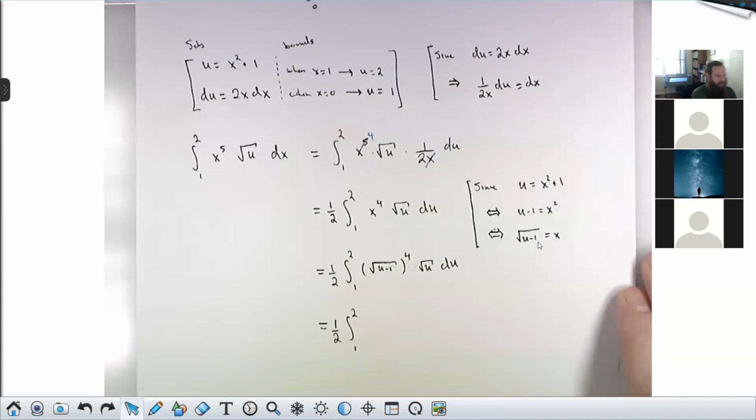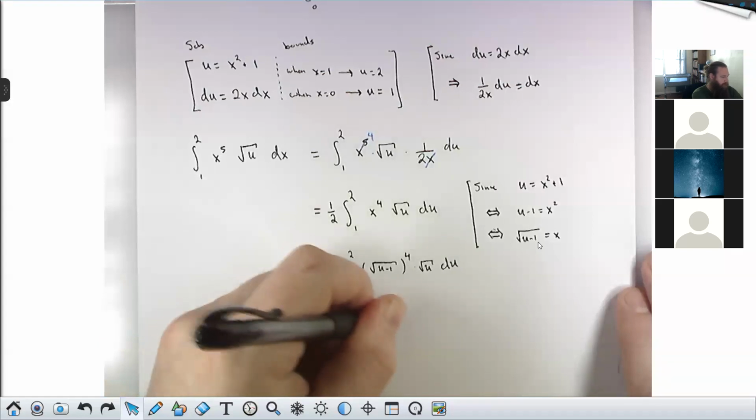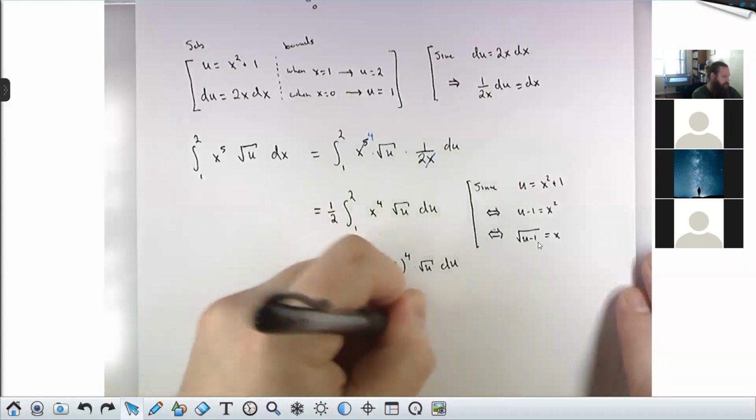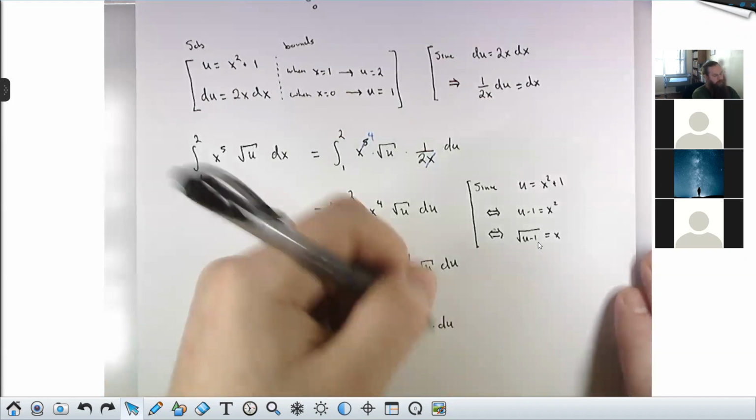Very good, u minus 1 squared, right? Remember, this square root is a 1/2 power. So this is u minus 1 quantity squared times the square root of u times du.